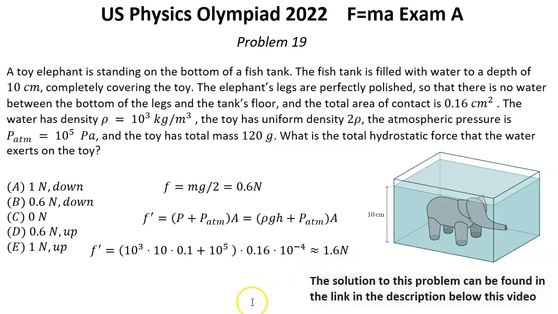And now we can find the total force. That will be F minus F prime, which is negative 1 newton. It means that this force is 1 newton down. This is answer A, and that was the solution for problem number 19.